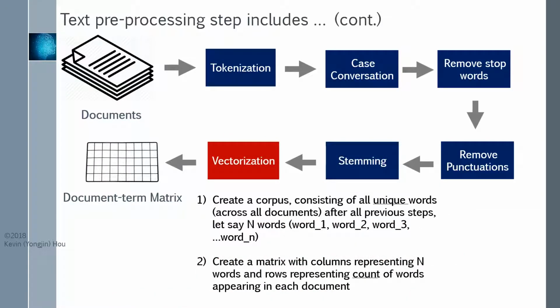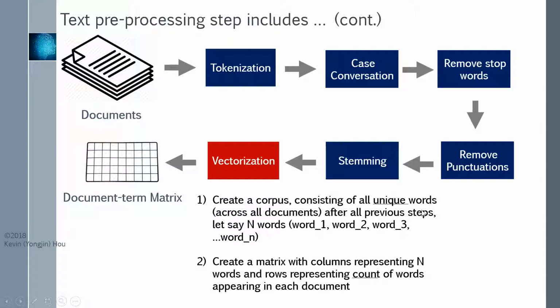After going through all the previous steps, now we want to convert the sentences or the multiple documents into matrix format. In this matrix, if you look column by column, each column represents a unique word, and each row, one by one, represents an individual document. The row and column combination shows you, for a particular document, how many times certain words are used.